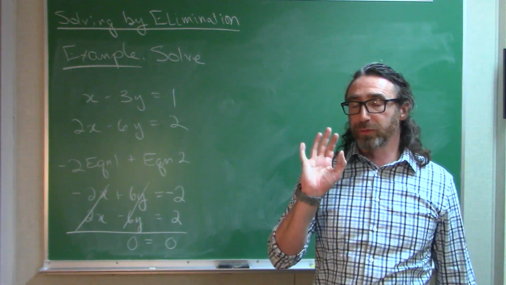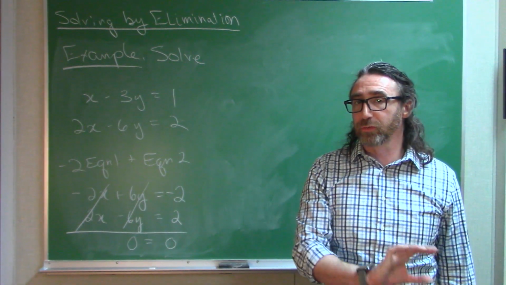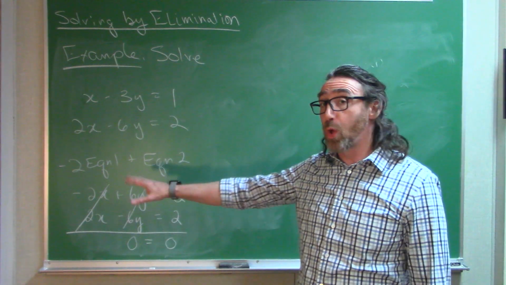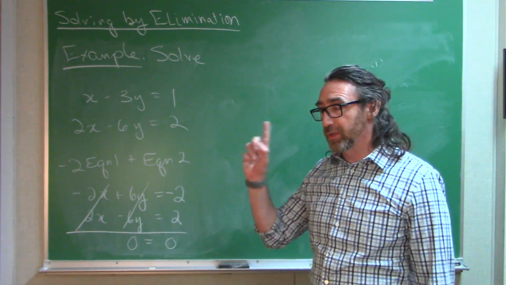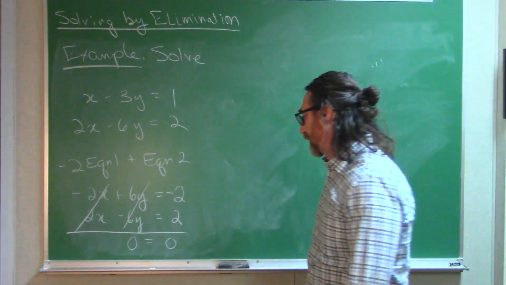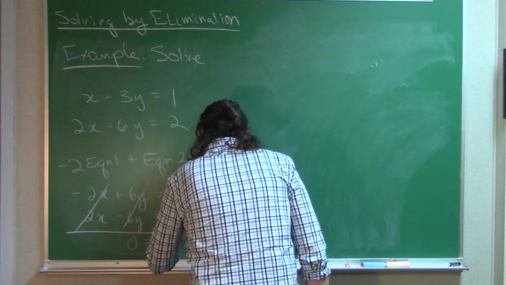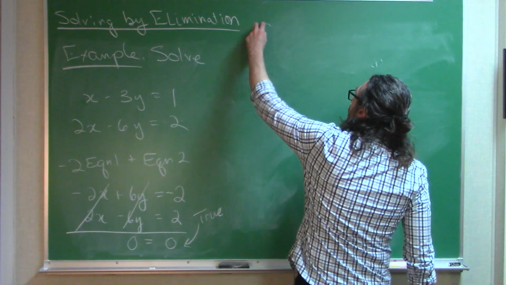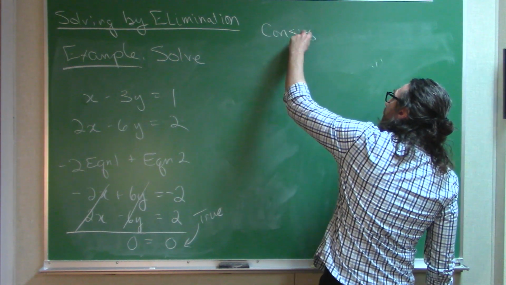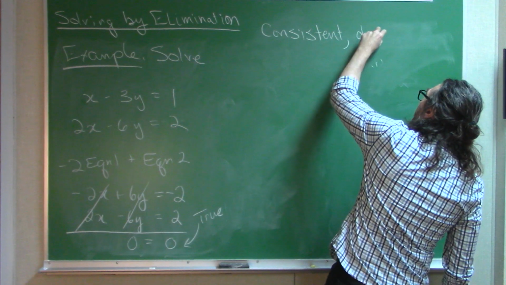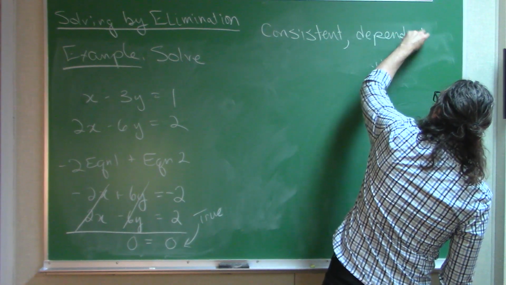Okay, so there's a similarity to the example that we just saw, but there's also a difference. The similarity is that the variables all canceled. The difference is that in the previous example we got a false statement. This is a true statement. So this system is consistent and dependent.